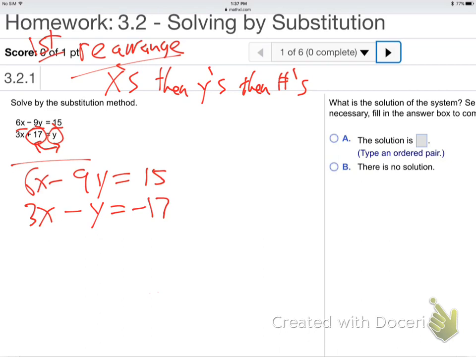All right, how about we make the fronts opposites? Like pretty much what we always do, right? Go ahead and make those fronts opposites, so they'll cancel.